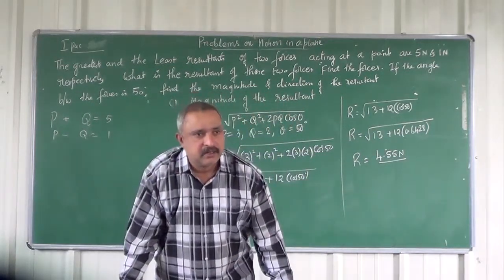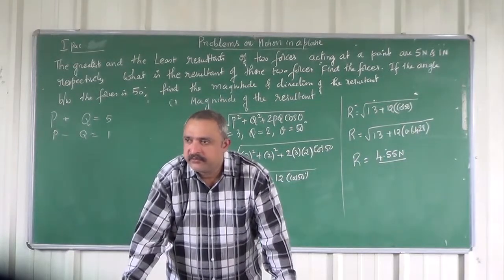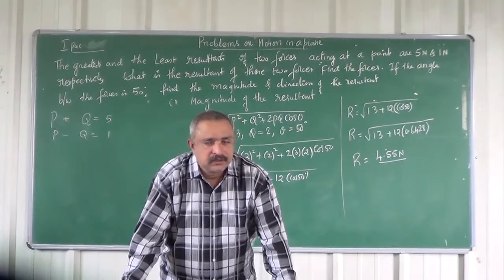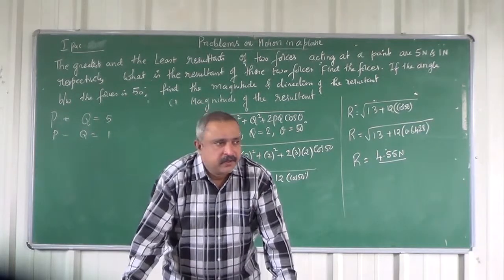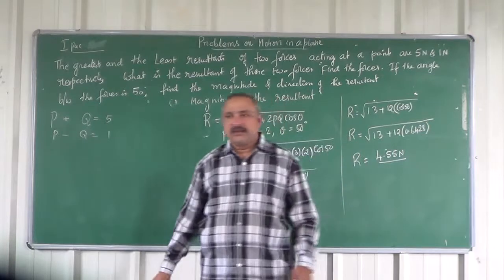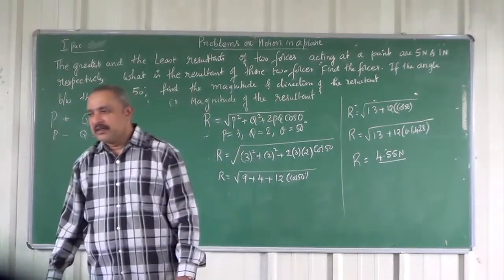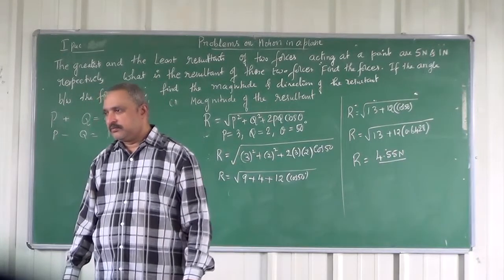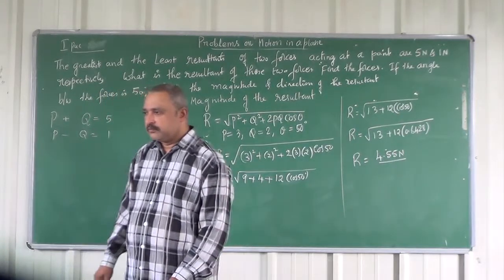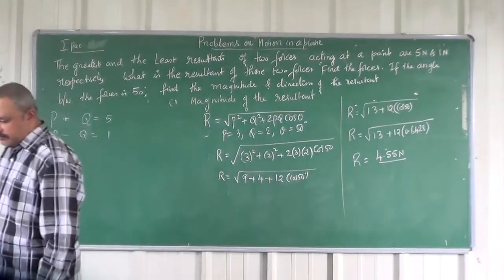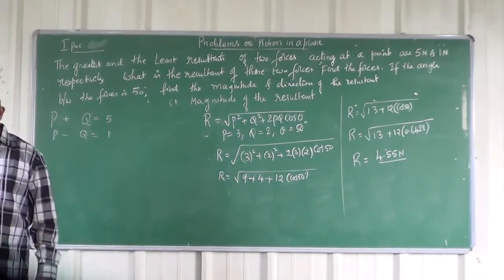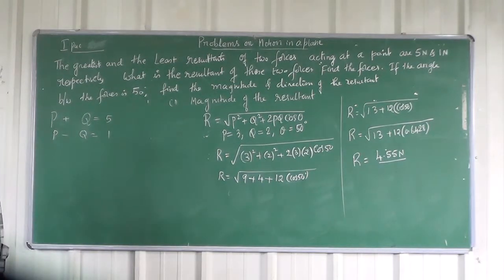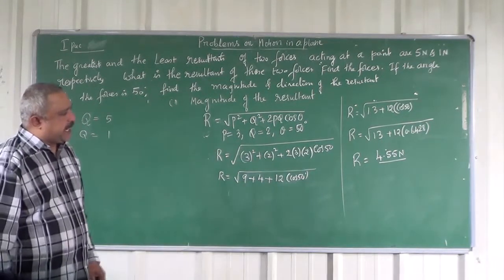Check the value. Final answer: 4.55. First you multiply 12 into 0.6428, you add 13, take the square root.